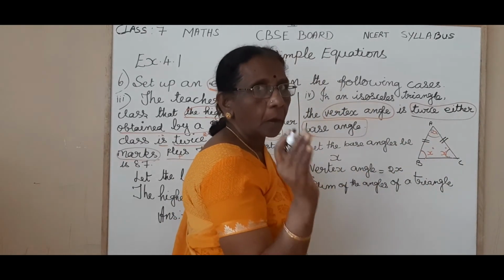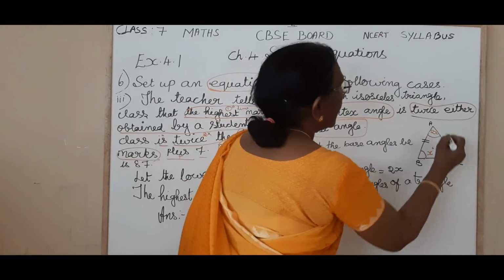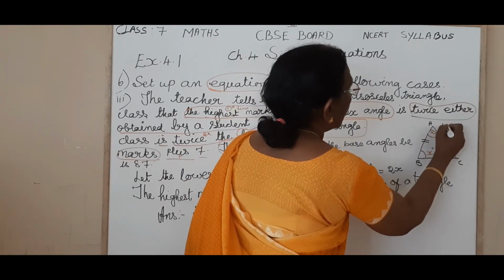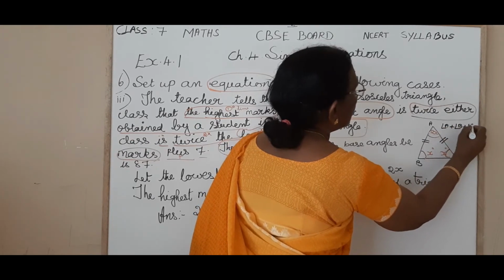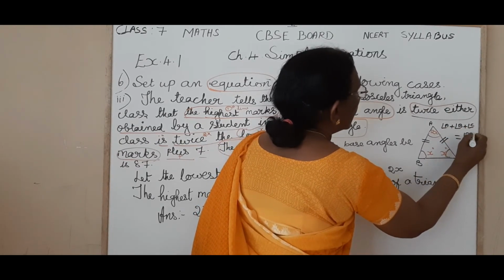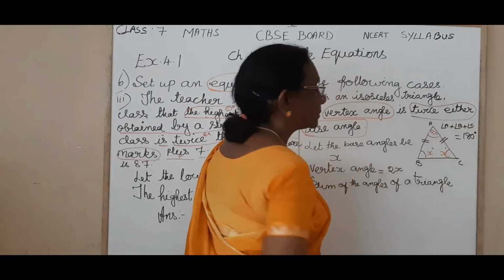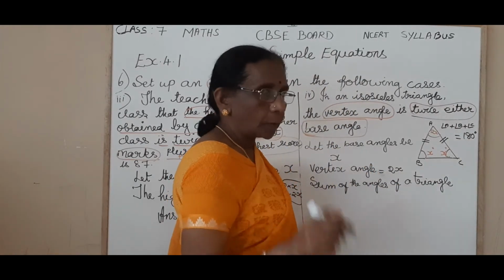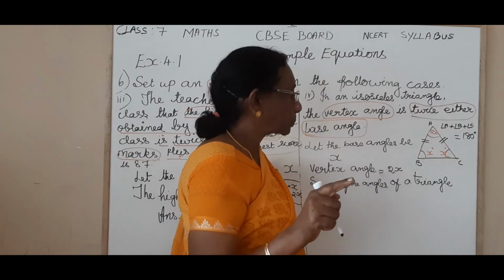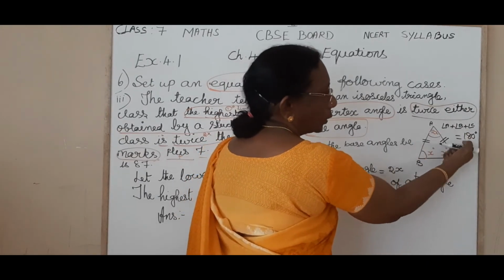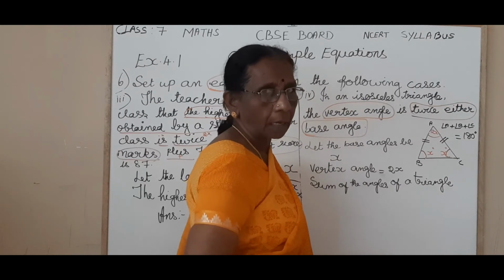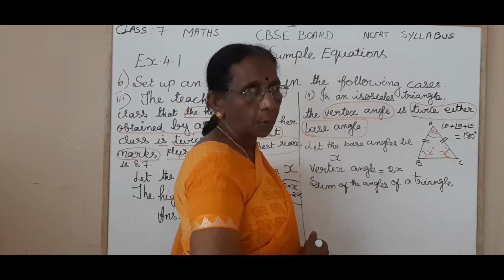What is the sum? 180 degrees. Okay, if you name this angle A plus angle B plus angle C is equal to 180 degrees. Right, like that. So now you know the information: the algebraic expression for the sum of the angles and the numerical expression for the sum of the angles. Now you can equate both.